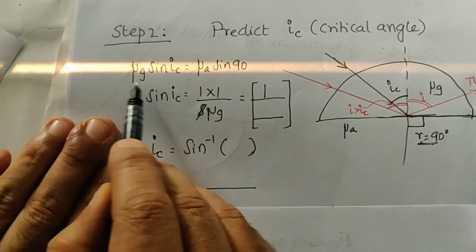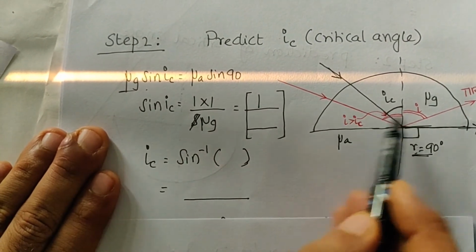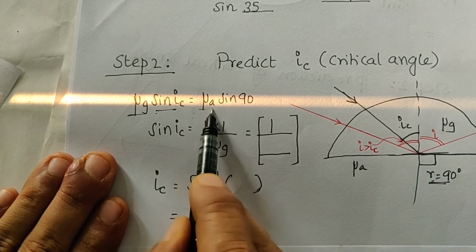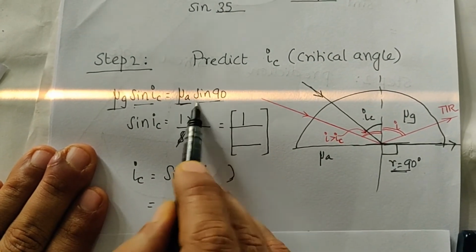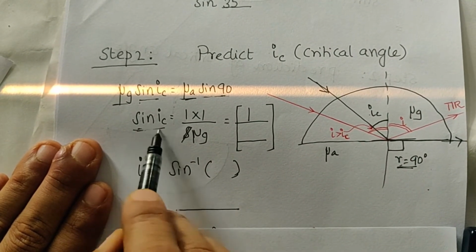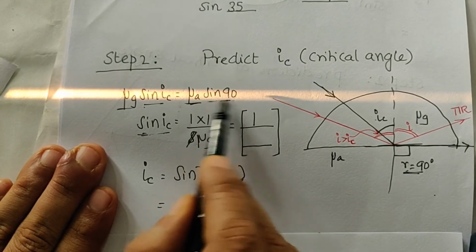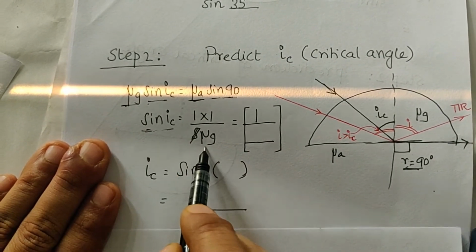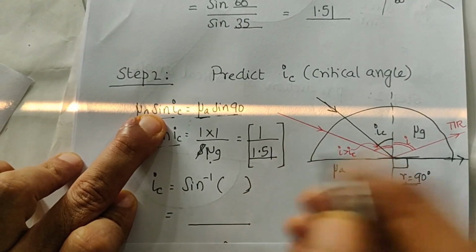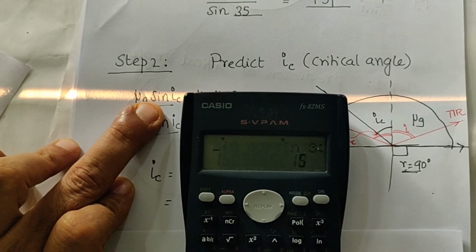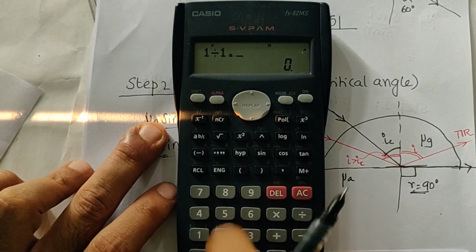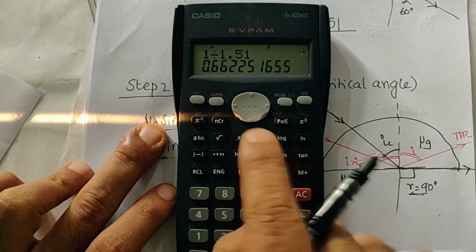Here's the equation: the refractive index of glass times sine of IC equals the refractive index of air times sine of 90, which is the exit angle. Your sine IC will be 1 divided by the refractive index of glass, which is 1.51. 1 divided by 1.51 is equal to 0.66.